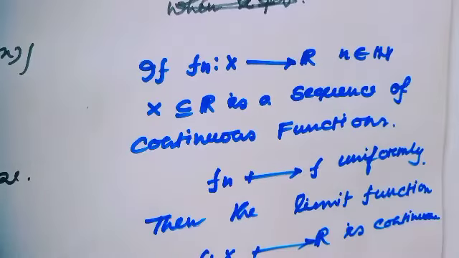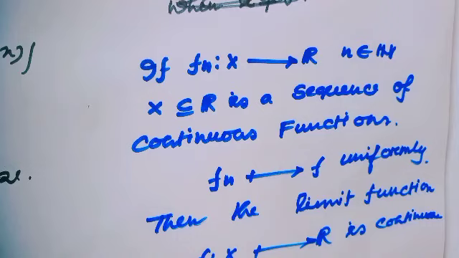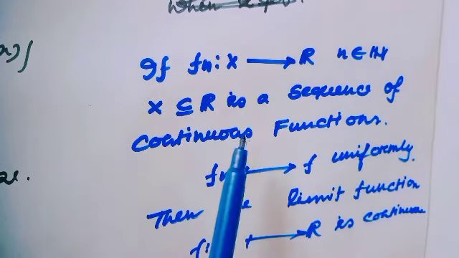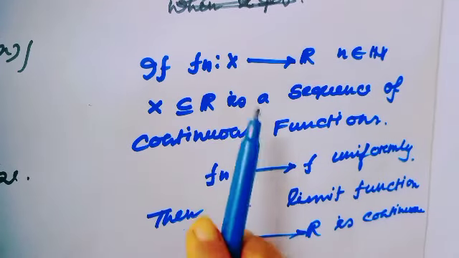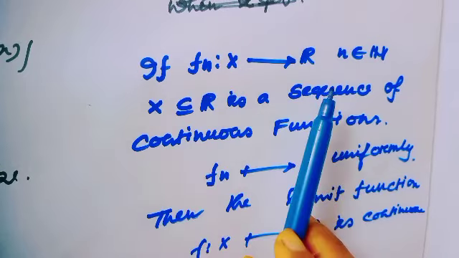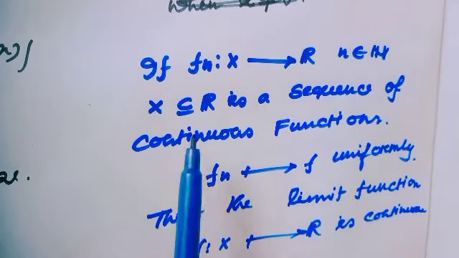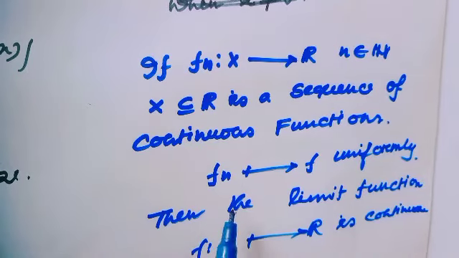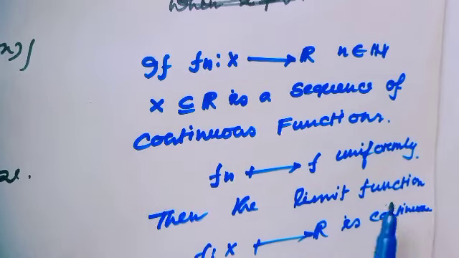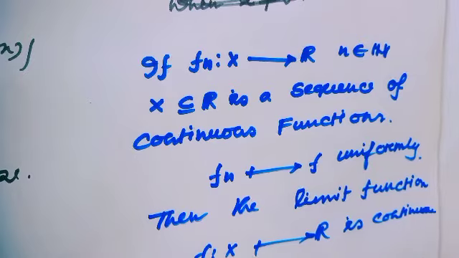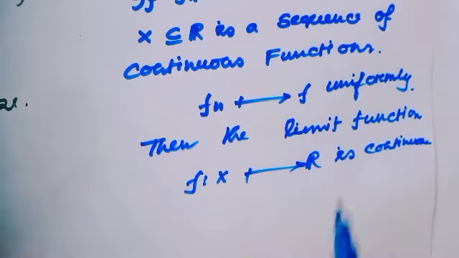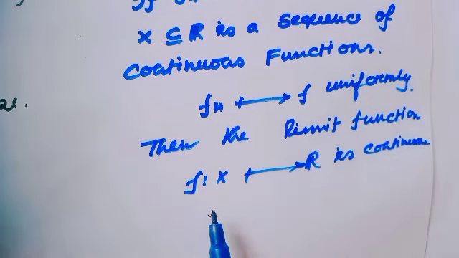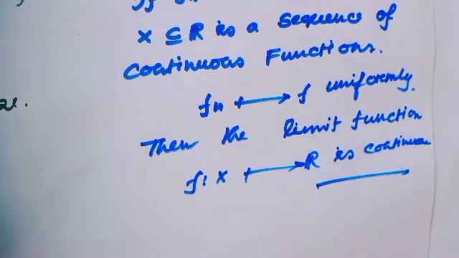There exists a nice theorem. If fn is a sequence of continuous functions defined from X to R, where n belongs to the natural numbers and X is any subset of R, and fn converges to f uniformly, that implies the limit function f, defined from X to R, is obviously a continuous function.